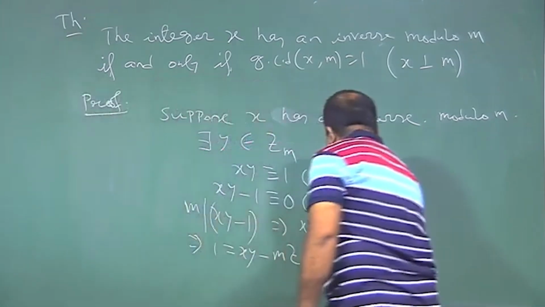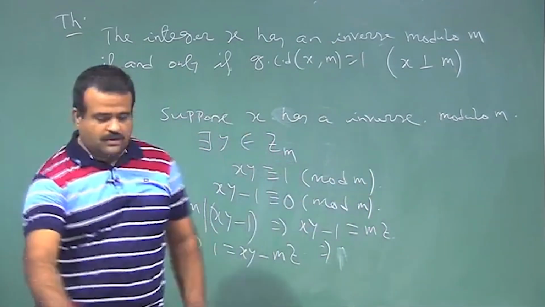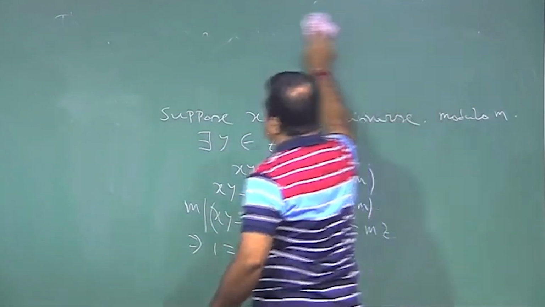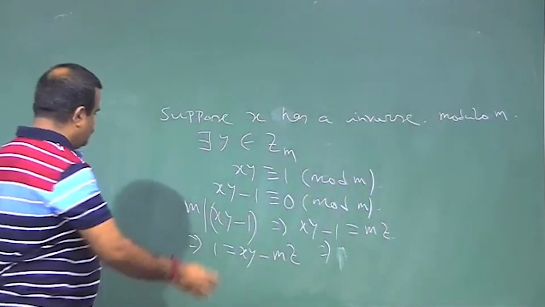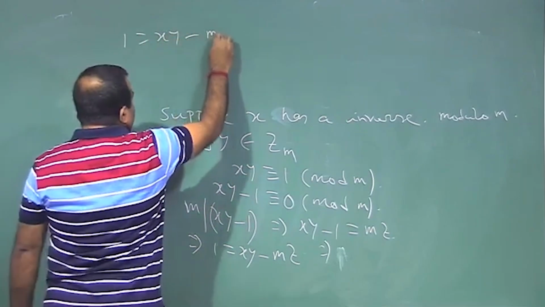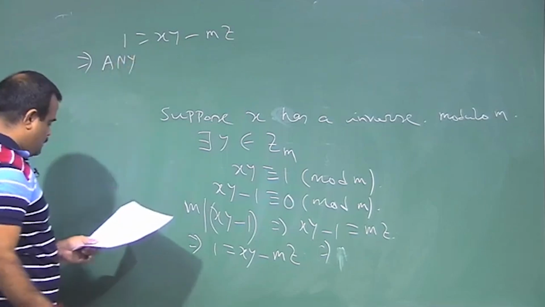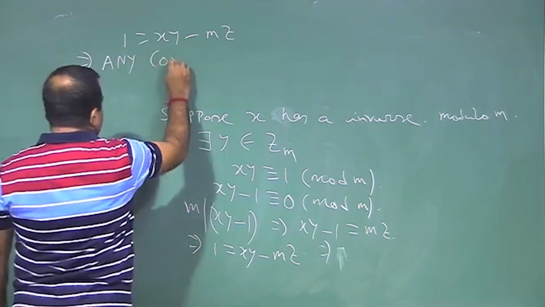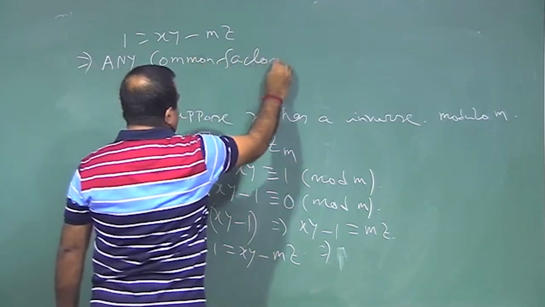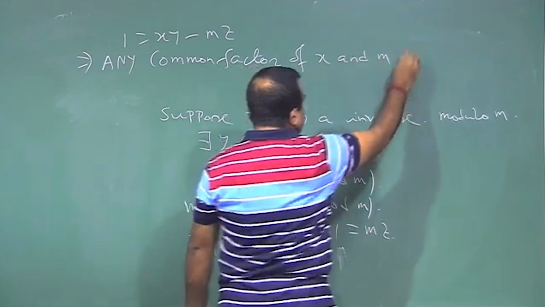So, we got 1 is equal to xy minus mz. This implies any common factor of x and m must divide 1.